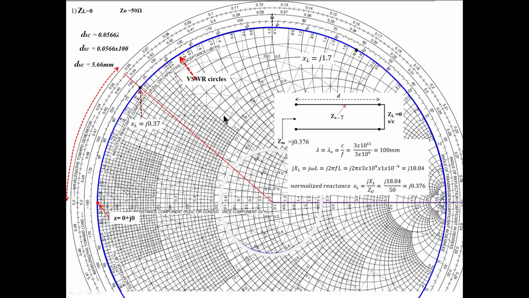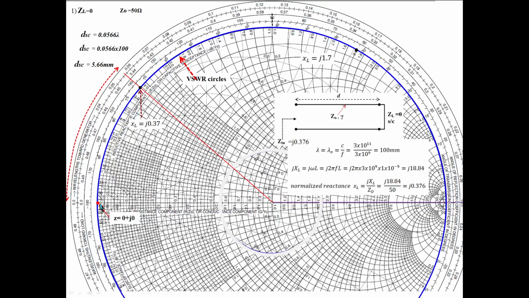Similarly, we can also do this for open circuited stubs. An open circuit stub can be used to implement an inductor and capacitor. Today we learned how to use a short circuited stub. For a short circuited stub, your starting point is always here, and you should measure the length from here, because our load point is here.